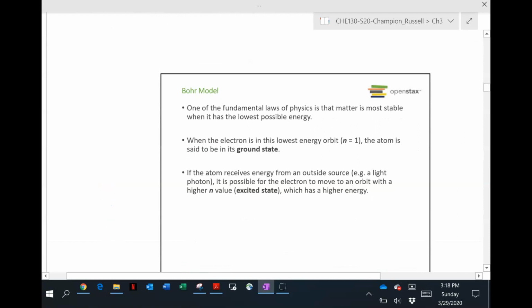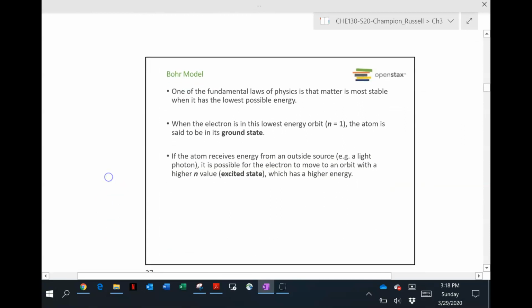So the idea is that these electrons are normally going to be in the most stable configuration, which is the lowest possible energy, and that's known as the ground state. If we knock them up to an excited state, they have a higher energy. So if I look at my hydrogen atom here, that's my nucleus, and here's my electron in level 1.